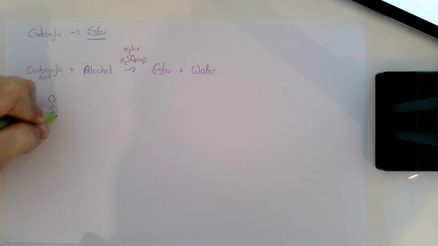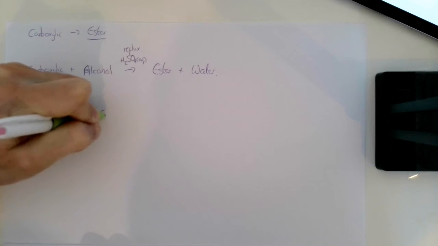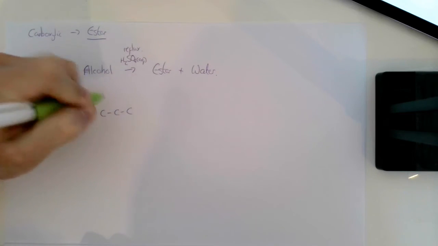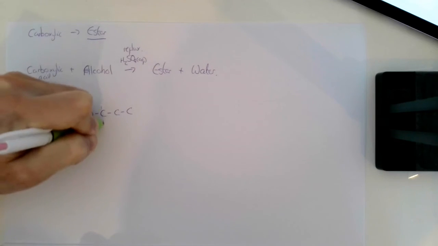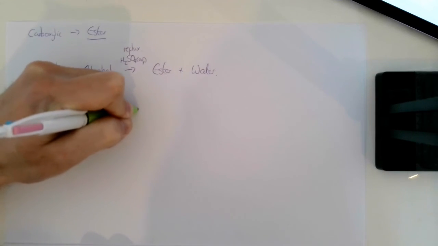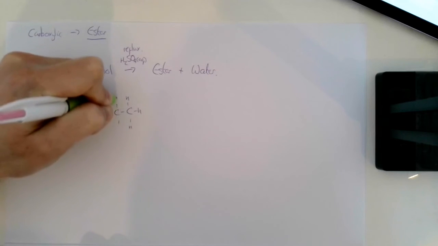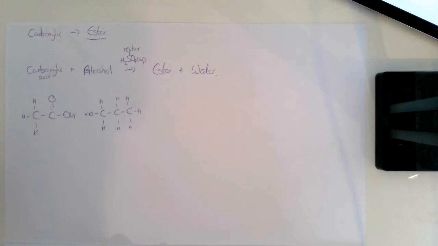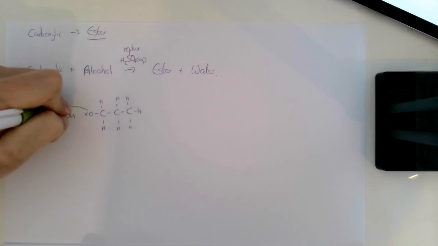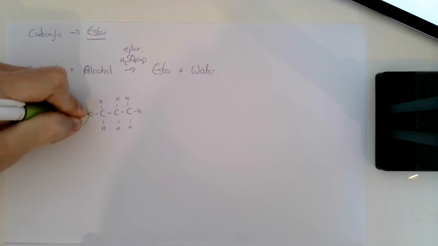Here we've got ethanoic acid. Let's pick a slightly different length alcohol, so let's pick propanol as our alcohol. What's going to happen is we're going to lose H2O.